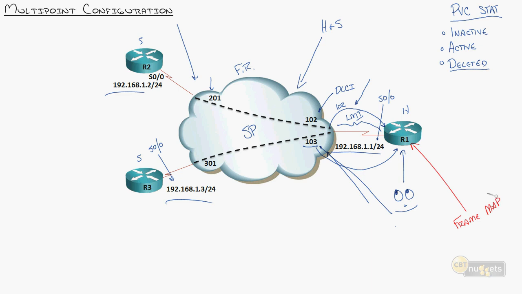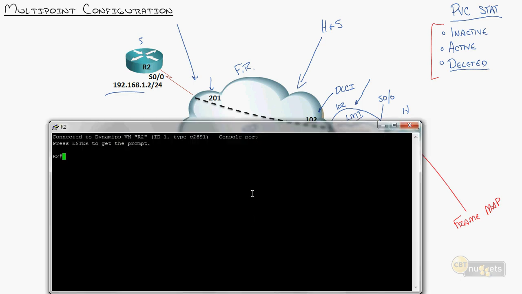So a frame relay map allows you to manually type in what DLCIs you want to use, right? So if I go in there and say I want DLCI 777, the service provider is going to say, well, I don't know what 777 is, so I'm going to reject that. We'll see these stats again, but for now, let's head over to router 2 and do some config over there.